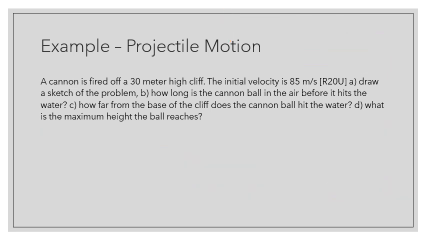Now that we've done B, we can tackle part C of the question. It's asking how far from the base of the cliff the ball hits the water. For this, we can actually use the equation velocity is equal to displacement over time. We know that time is equal to 6.8 seconds, because time is constant between both the y and the x component of the projectile's motion, and we found 6.8 in part B. We know that the velocity in the x is 79.87 meters per second right.